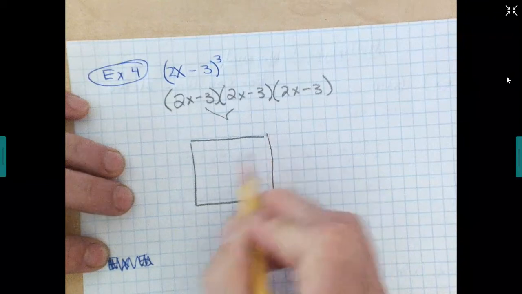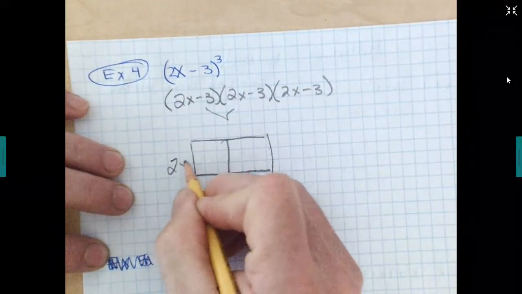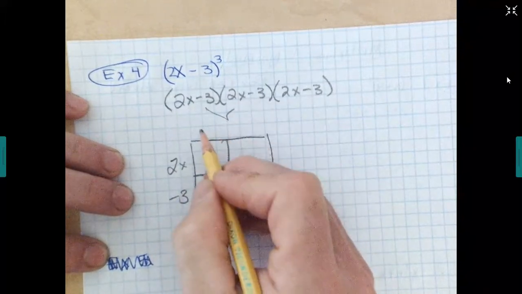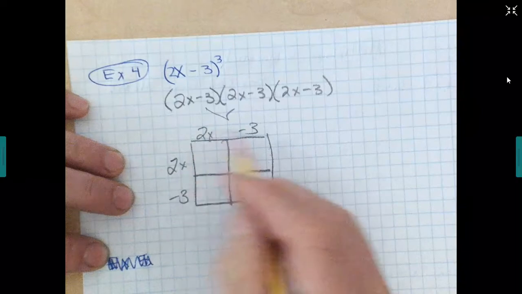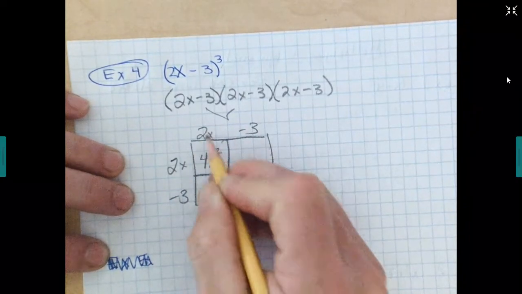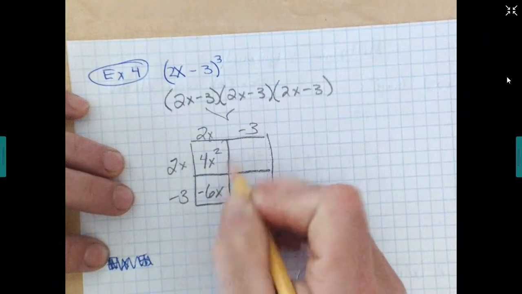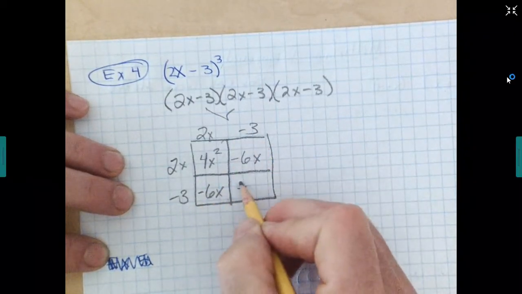What I have to do is this is actually going to end up being two problems. I've got 2x and negative 3, and then I've got 2x and negative 3. So I'm taking care of these two in this box. So I've got 4x squared minus 6x minus 6x plus 9.